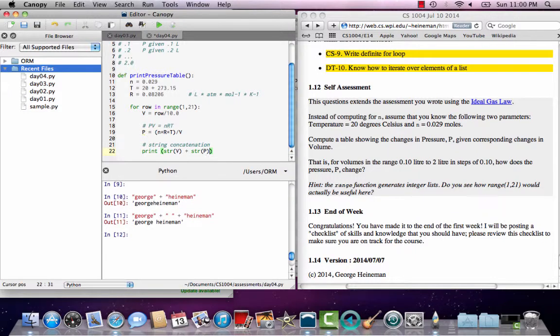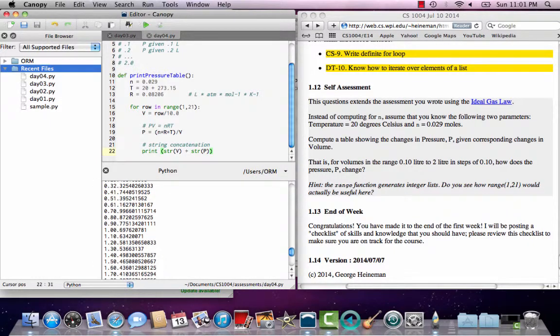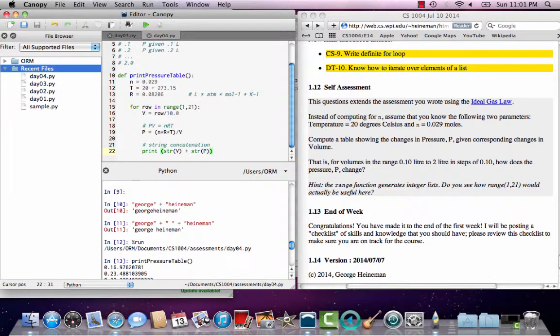So if I convert V into a string representation and then concatenate it with P, the string representation, this is very close to having the solution, but as you will see, the numbers run into each other, so I don't want that. But if I just insert another quote space quote, which is a string literal that represents the space character, I can now concatenate these from left to right.